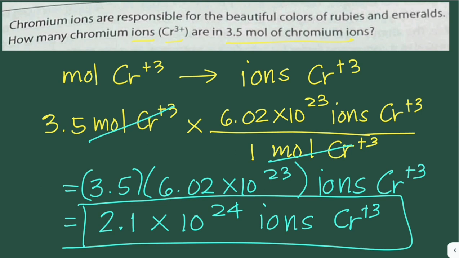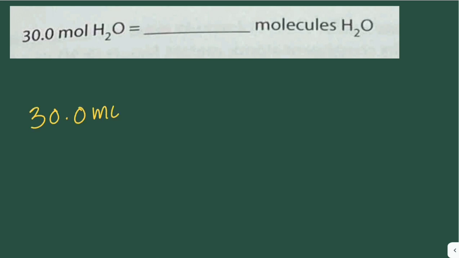All right, let's solve another one. All right, let's convert 30 moles of water to molecules of water. So it's the same thing. We multiply 30 by the conversion factor, Avogadro's number.